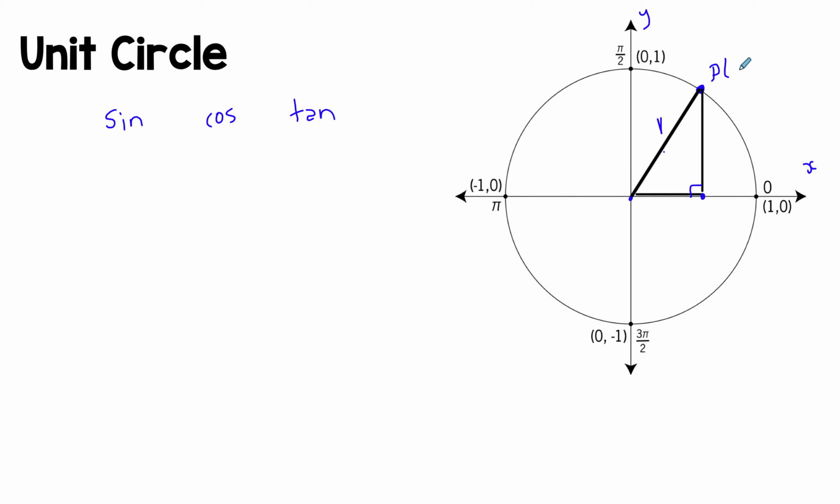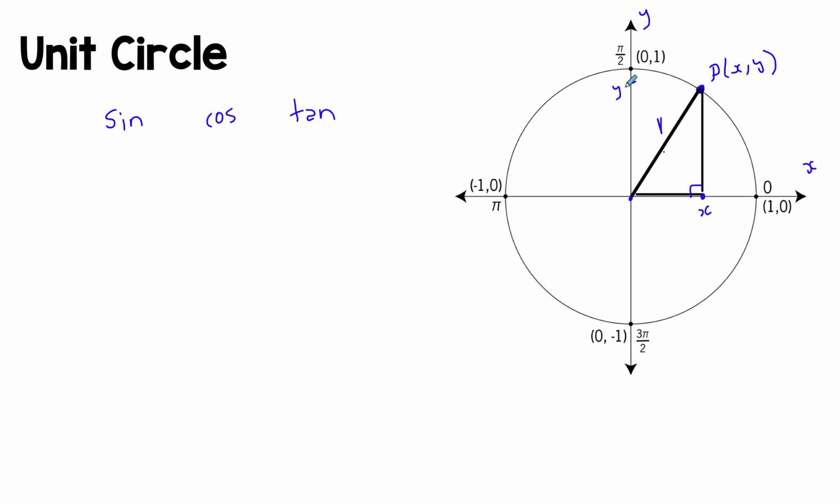So this P has coordinates x and y, and x comes from here and y comes from here. Another thing to note, which you should be aware of, is that the distance from here up until x, so the distance here is x itself. So the distance of this leg is x and the height is y.